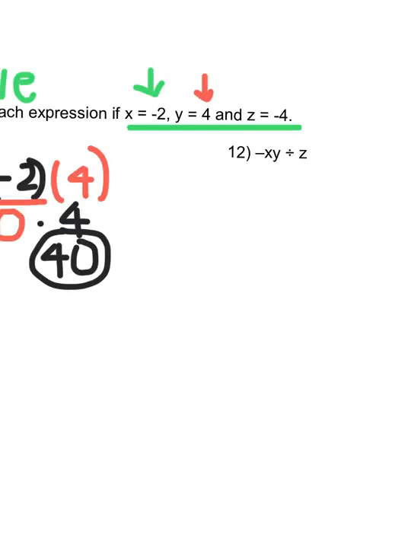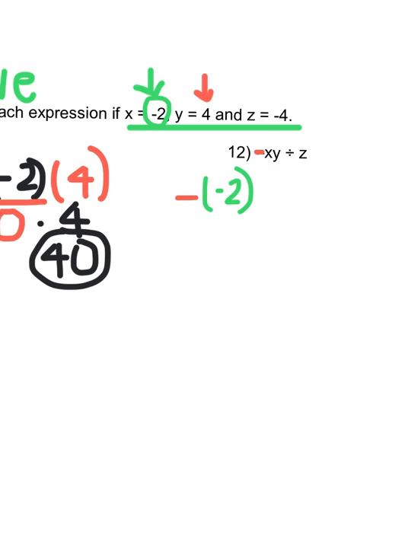On number 12, it's tricky. You have this negative number right here. So it's saying that negative is the opposite of x. Well, let's substitute x. X is -2. I like to use parentheses to substitute numbers. Then you can clearly see the negative and the -2 are separate.